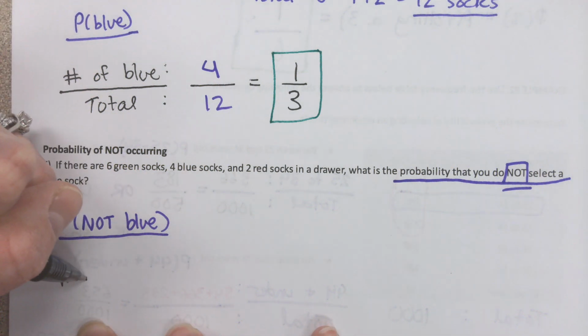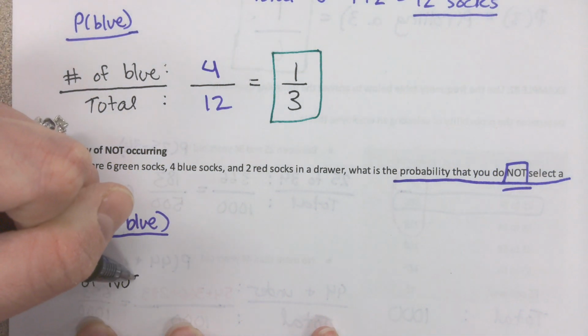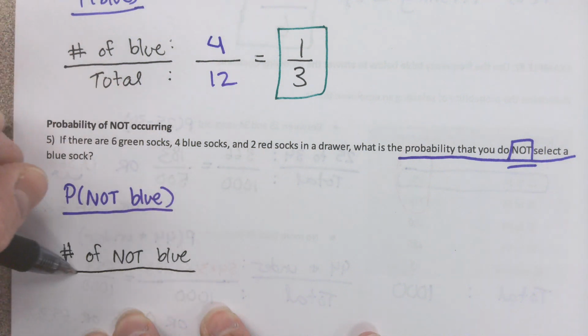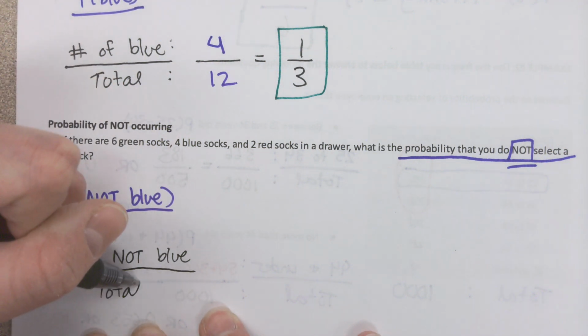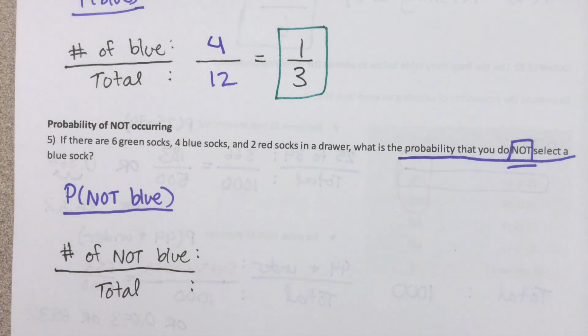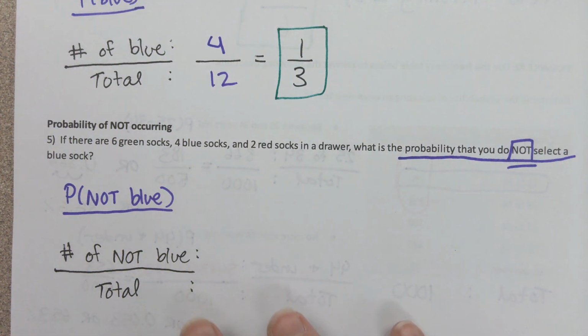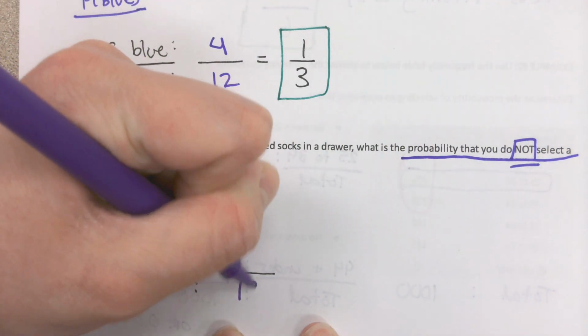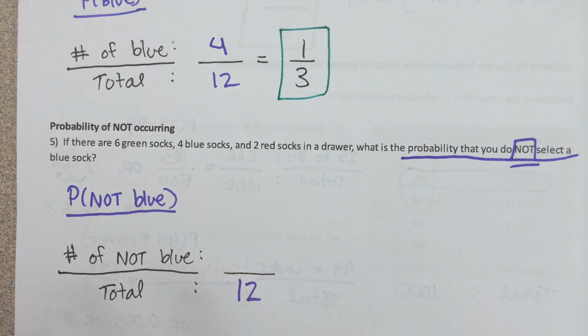So it's the number of not blue over the total. We have 12 socks. If 4 of them are blue, then the other 8 are not blue.